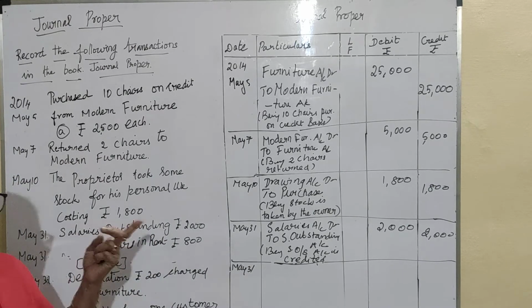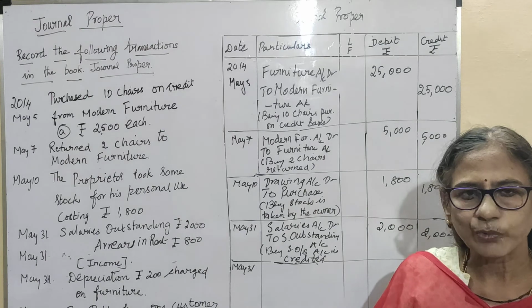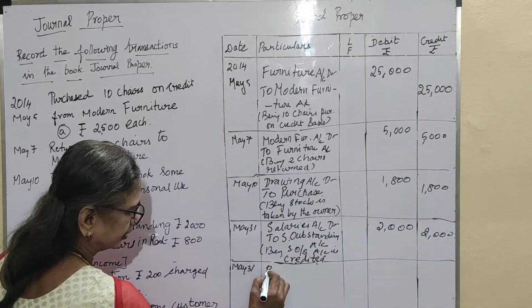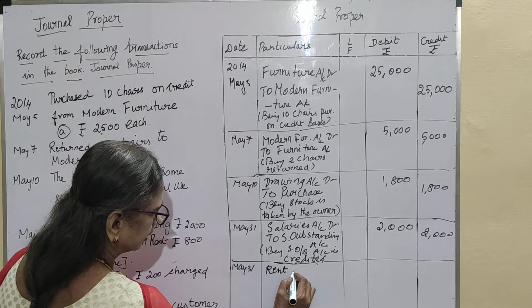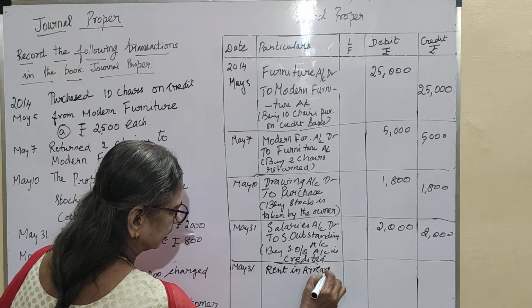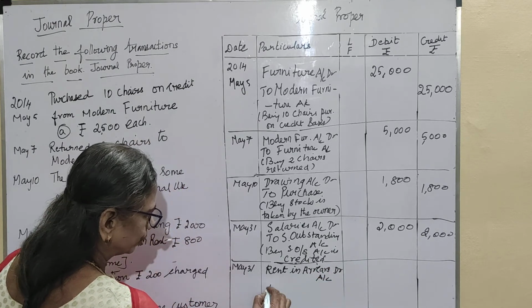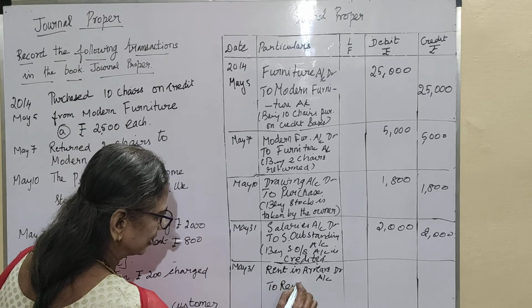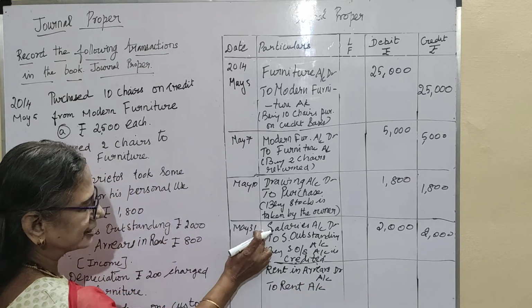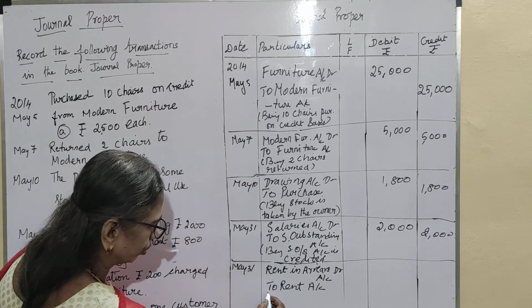Rent account, rent receivable, is an income. All income is credited. Then what will be debited? Rent in arrears account is debited to rent account, because rent is an income and all incomes are credited. Here salaries is an expense, and all expenses are debited according to the nominal account rule.